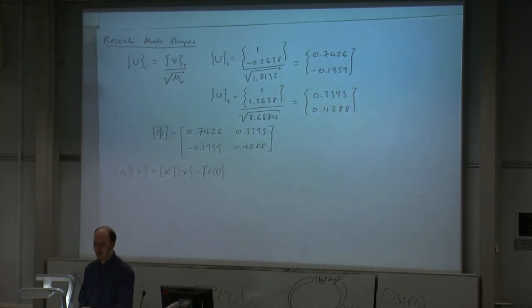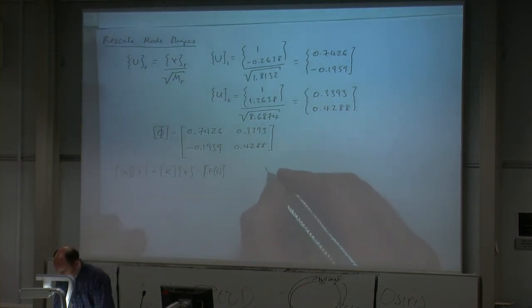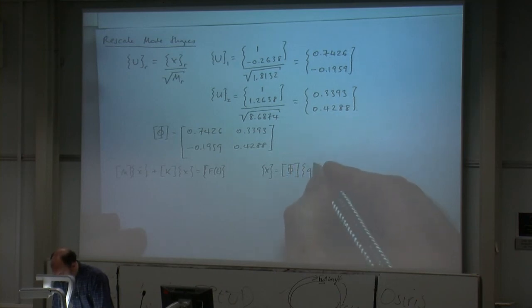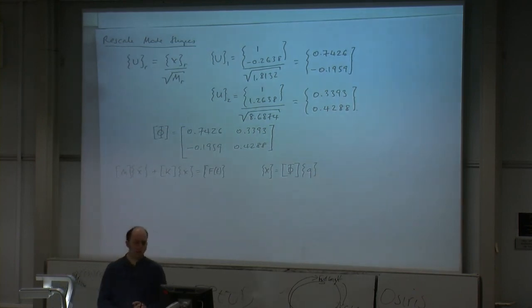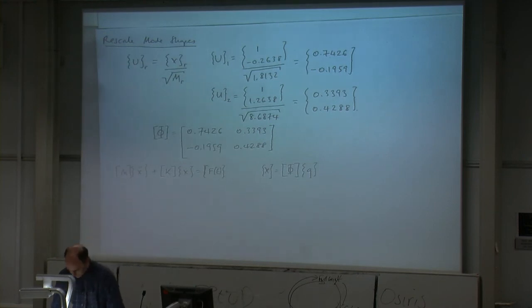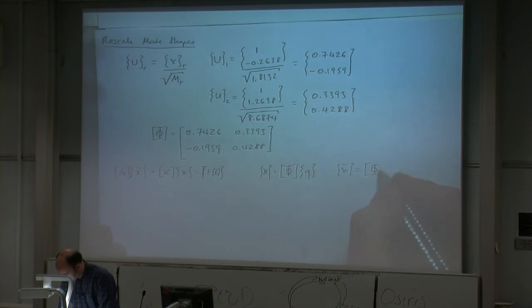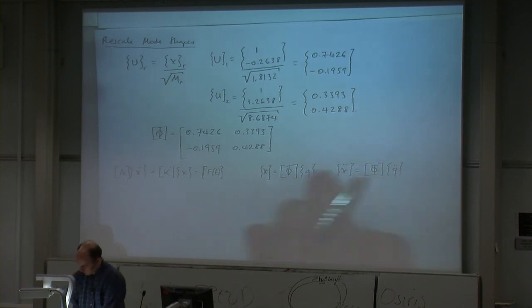Then we apply the substitution where we say that x is going to be our phi times our modal coordinate q. If you apply that substitution into this equation, we end up with x double dot. This is just a constant, so you multiply it by the same constant, and you get q double dot.